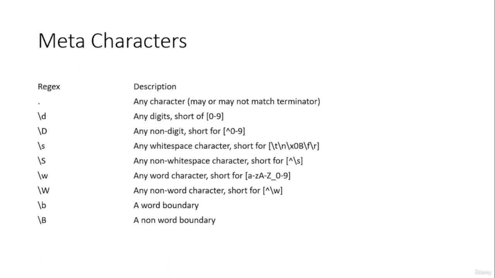Now let us see the next one: meta characters in regular expressions. Meta characters are certain conditions which we can add to our regular expressions, which validate particular conditions such as digits, white spaces, numbers, strings, and words.